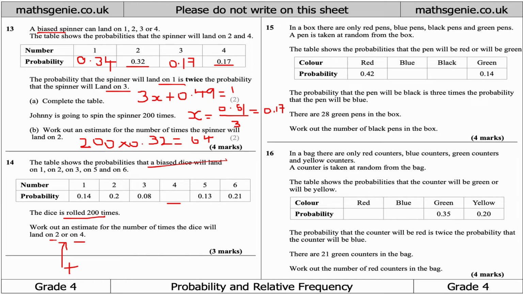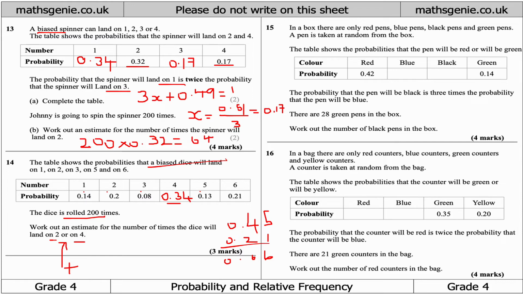0.14, 0.2, 0.08, 0.13, plus 0.21 is going to be 0.66, so the probability of 4 is going to be 0.34, if I'm not mistaken, guys.